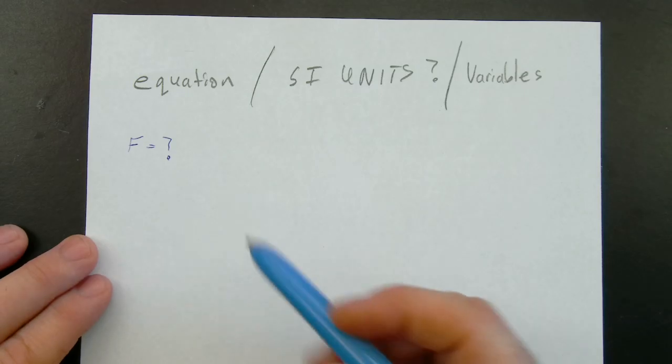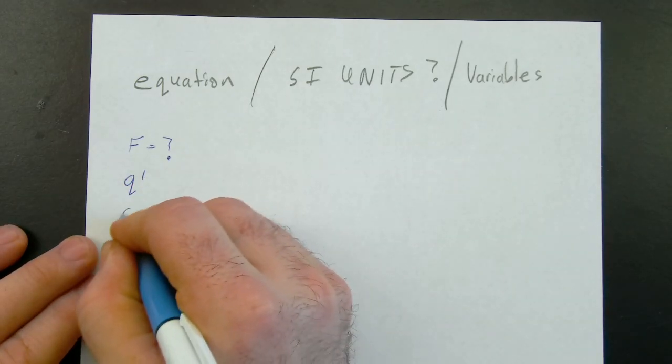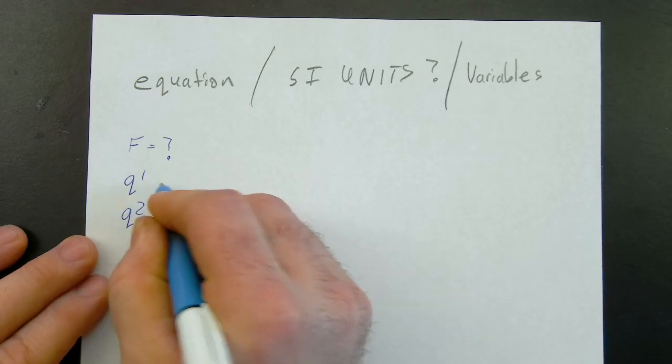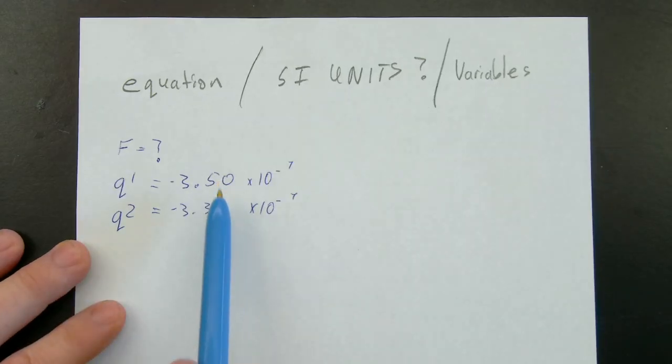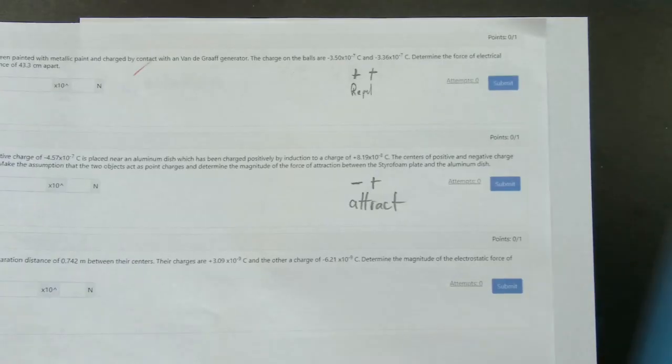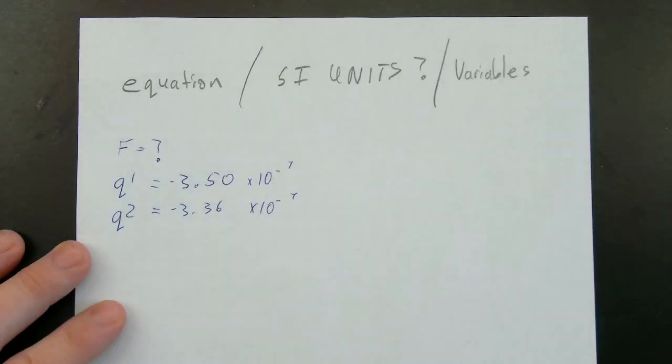In the course of the problem, it gives us a couple of charges. We can call them Q1 and Q2 because it gives us a couple of those. And I went ahead and wrote those down there. Those, of course, come from the question itself when it says the charge that is on the balloons.